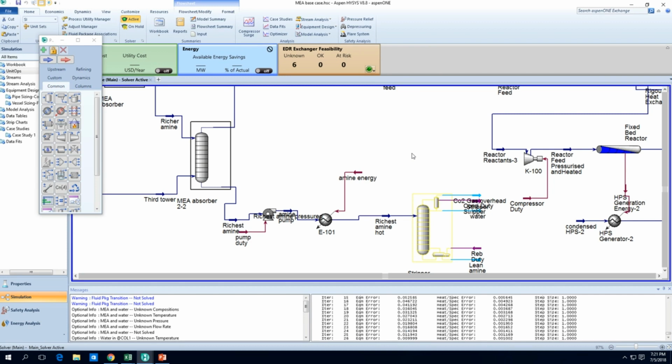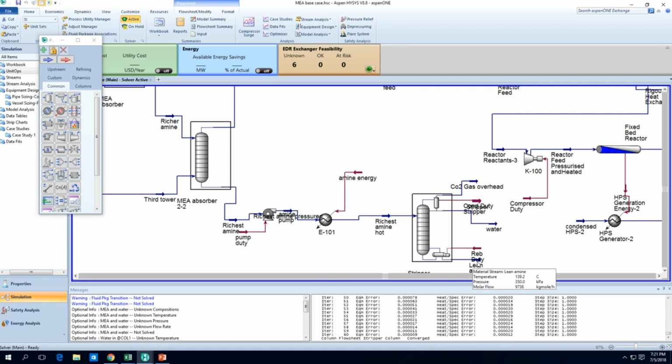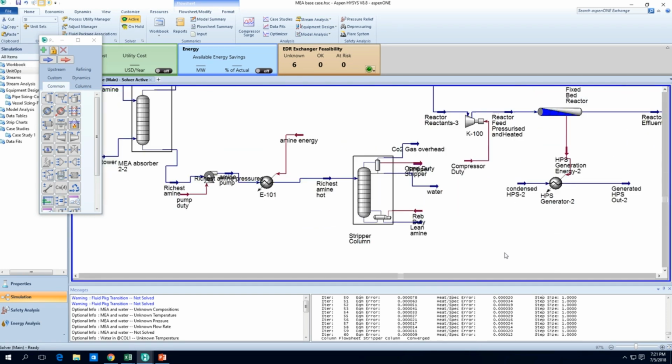let's see what happens. So now your column converges with a damping factor of 0.1. This is one of the workarounds for the non-convergence of columns.